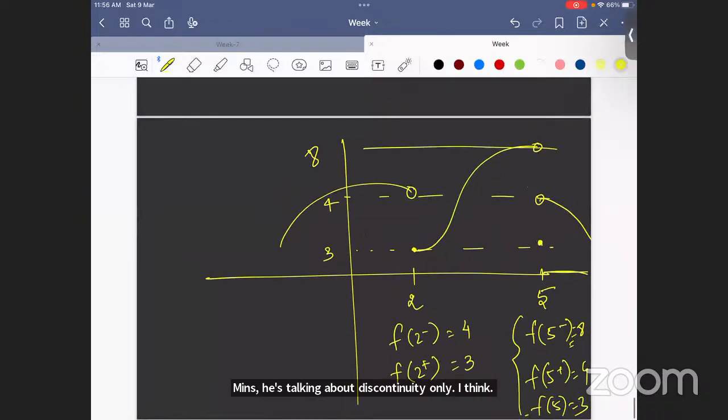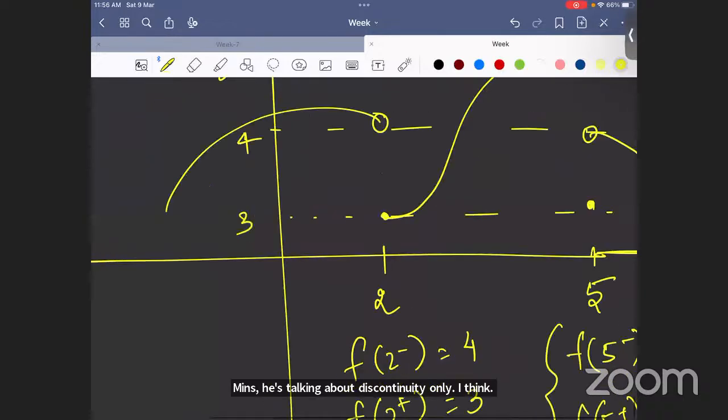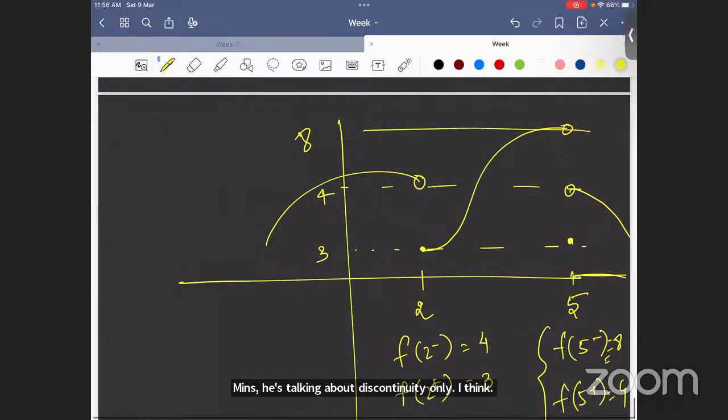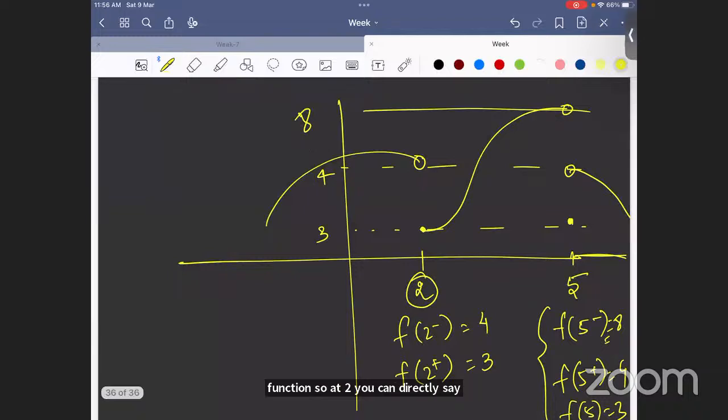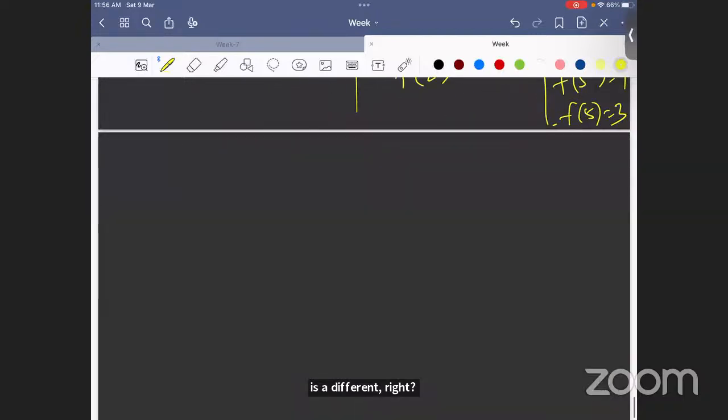I don't know why we are making it complex, but okay. For this function, at 2 you can directly say that the limit doesn't exist because both the values you are getting are different, right? Yes, sir. So there can be a number of conditions, like 4 or 5, where the limit doesn't exist.